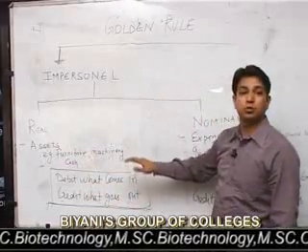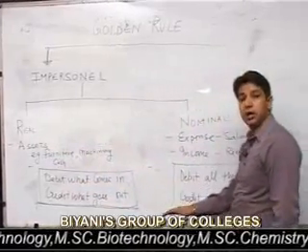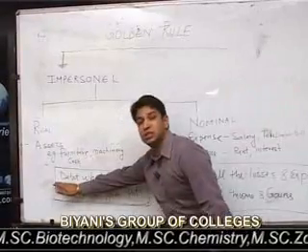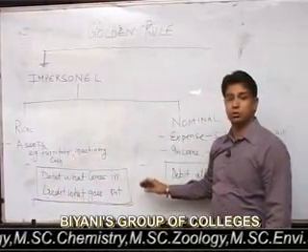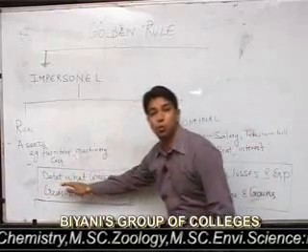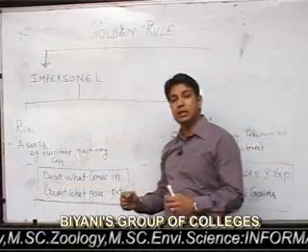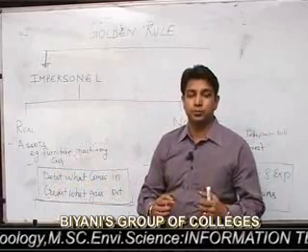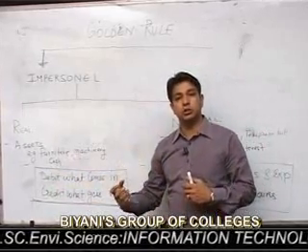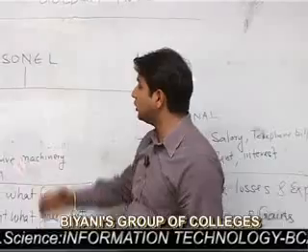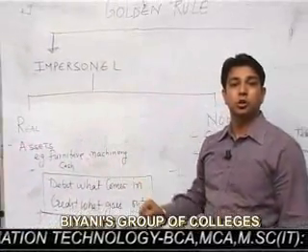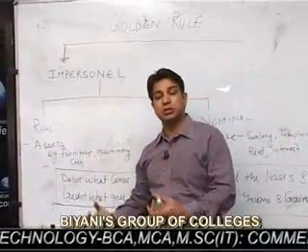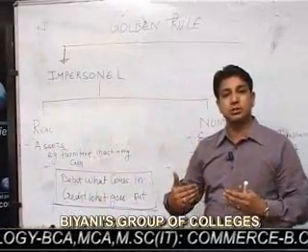Now, the question comes, what is the rule of this real account? The rule is debit what comes in and credit what goes out. Suppose we buy furniture. Furniture is an asset, so it will come under real account. We have purchased the furniture, that means furniture is coming into the business.